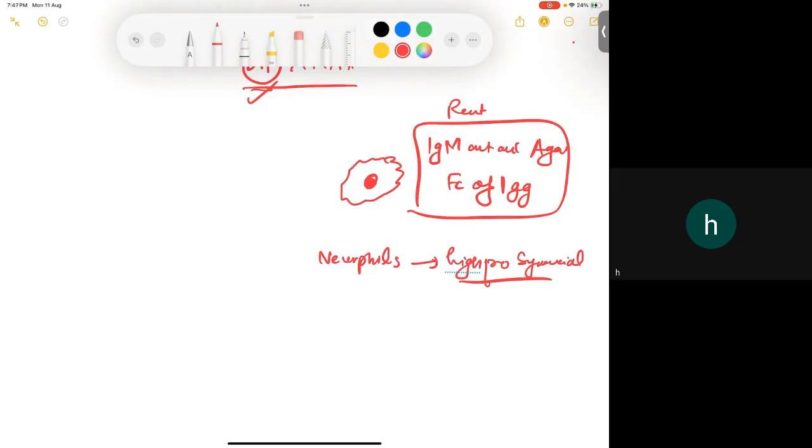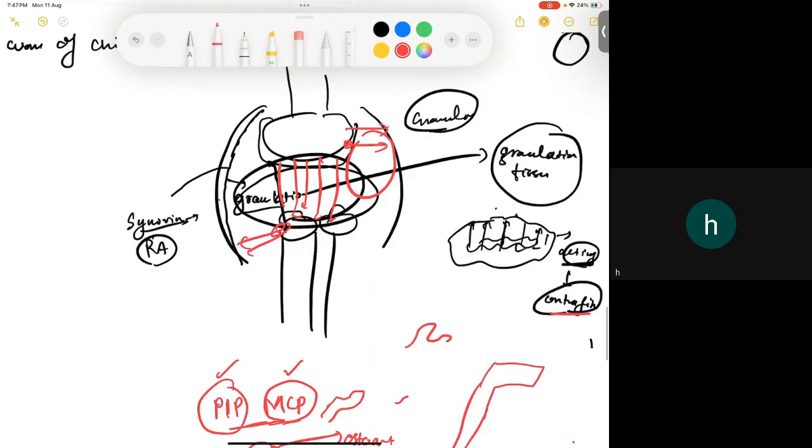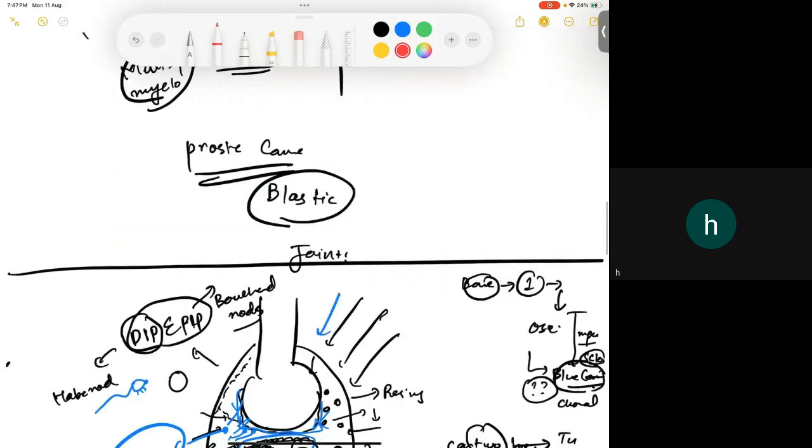The complication: it's a chronic autoimmune disease, right? So from your hematology section we discussed, we can have an anemia which is associated with chronic diseases. What is that?